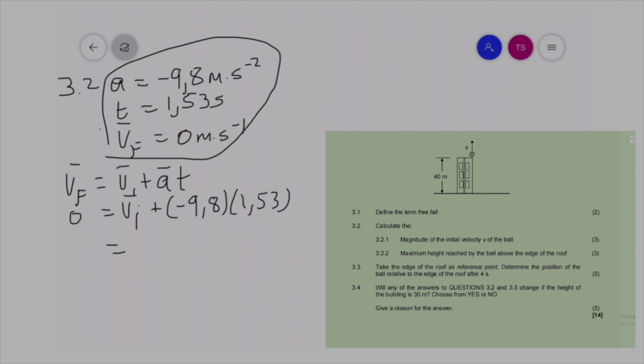If you multiply that and then take it over to the other side, our initial velocity would be 15 meters per second, right?